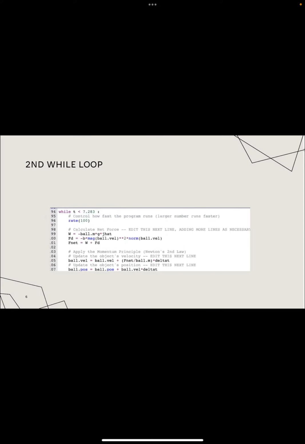The second while loop occurs after the bottom of the slinky starts moving. This happens while t is less than 7.283. Here, the F-net and velocity are no longer 0 because the bottom of the slinky is moving. This was also found using the velocity and position update formulas.